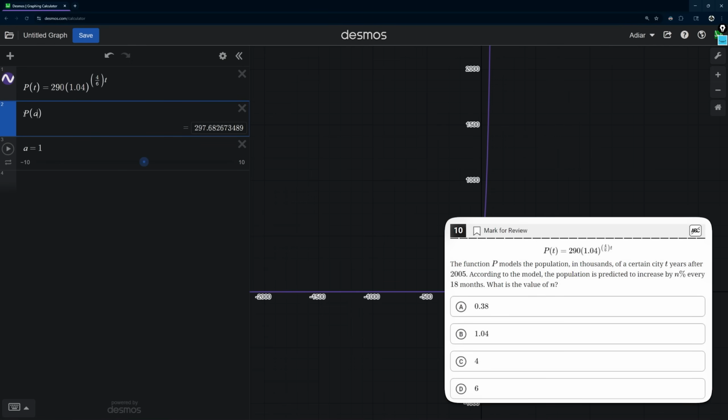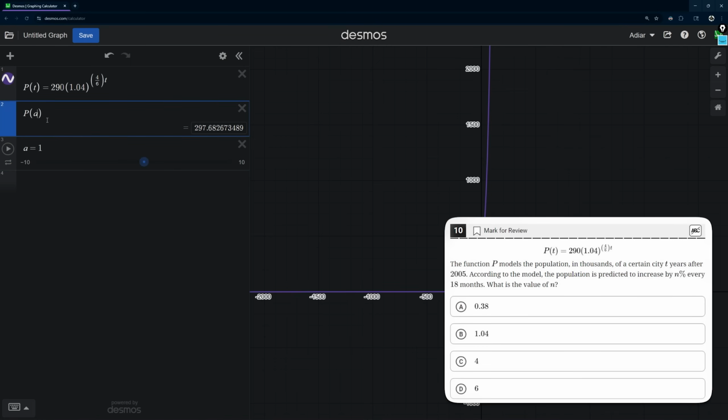So what's our value 18 months later? Well, we have to remember that this is in years, T years after 2005. So what is 18 months in years? Well, that's just 1.5, or if you want to do it in Desmos, 18 divided by 12 months in a year, 1.5 years.